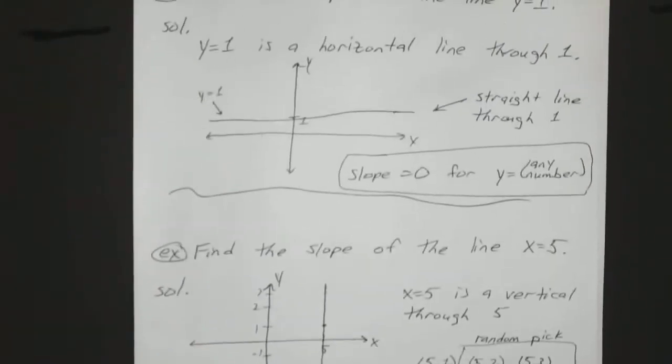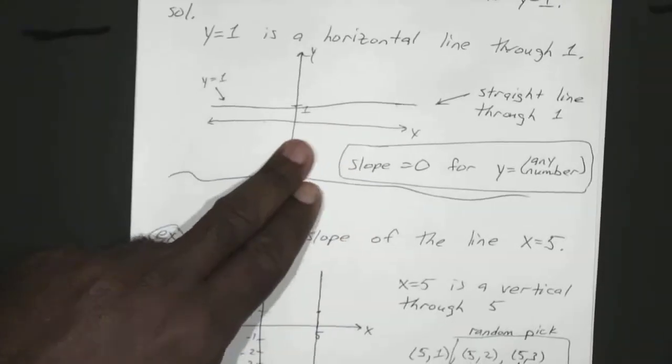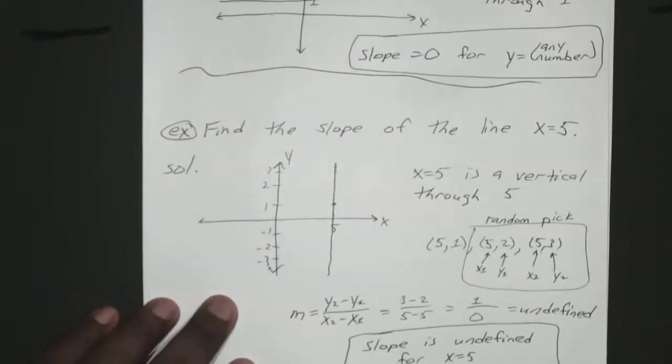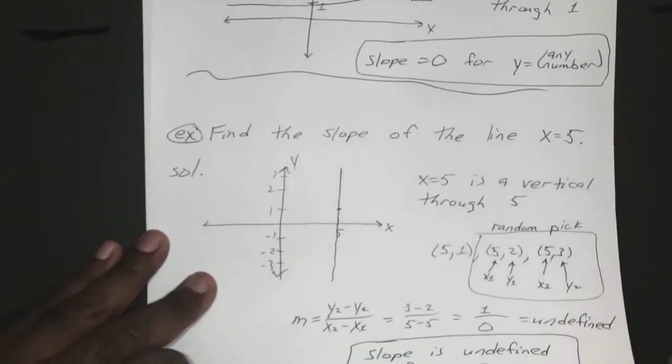So really, for y equals a number, no matter what value you pick for y, the slope would be 0. No matter what value you pick for x, the slope would be undefined, which just gives you this general formula.